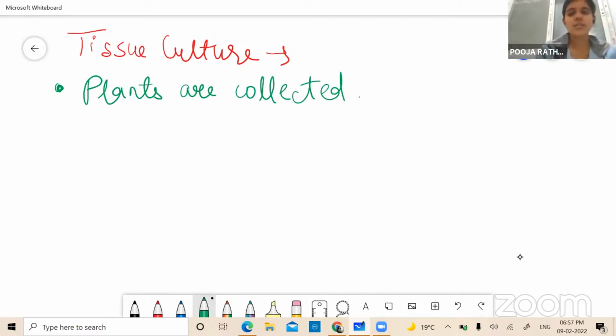Then after collection of these plants, removing tissue or separating cells is done. It is the removal of tissue or separation of cells.